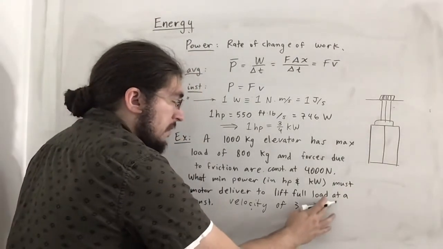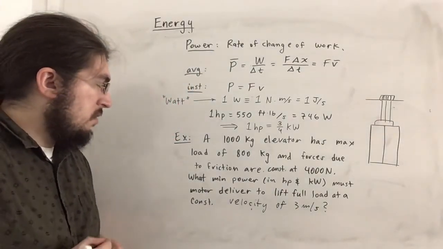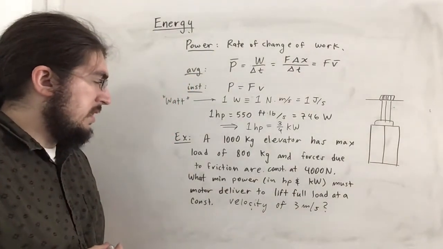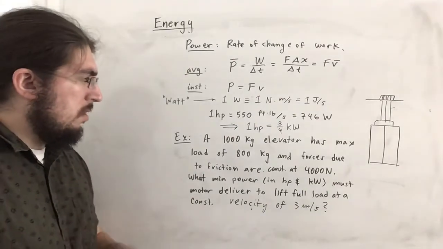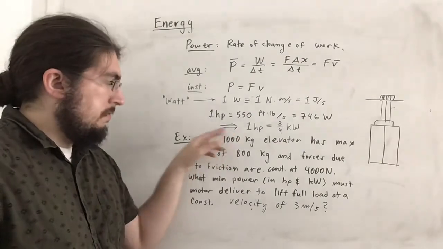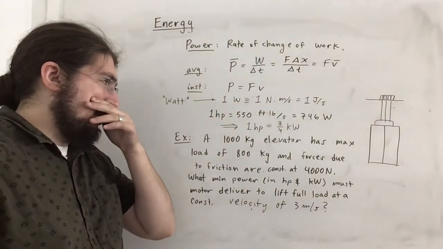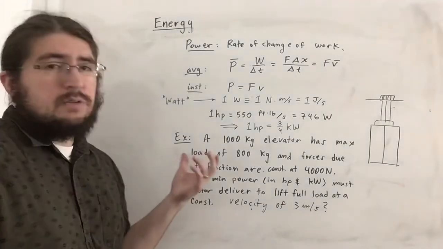So let's see, we want to find power in this case, but we're given a few things. Now, in fact, if you look here, we're given some forces. In fact, really we're only given 1 force, but we also have this mass, basically. And notice that mass times gravity is going to be our weight.